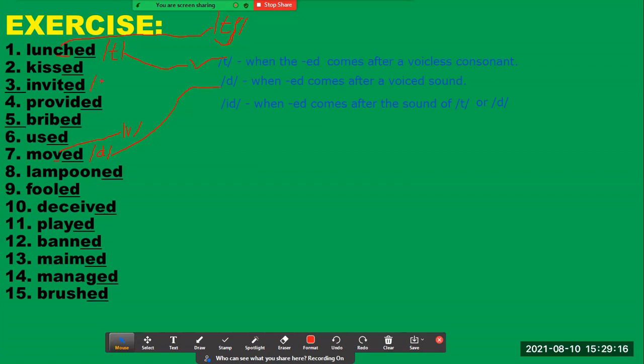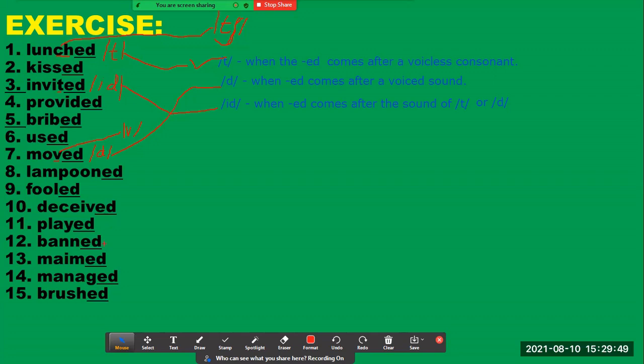The sound here is id, and the reason is because ed comes after t, and this obeys rule number 3. We said that when ed comes after the sound of t or d, it is pronounced id, and when we look at invited, the ed comes after t.